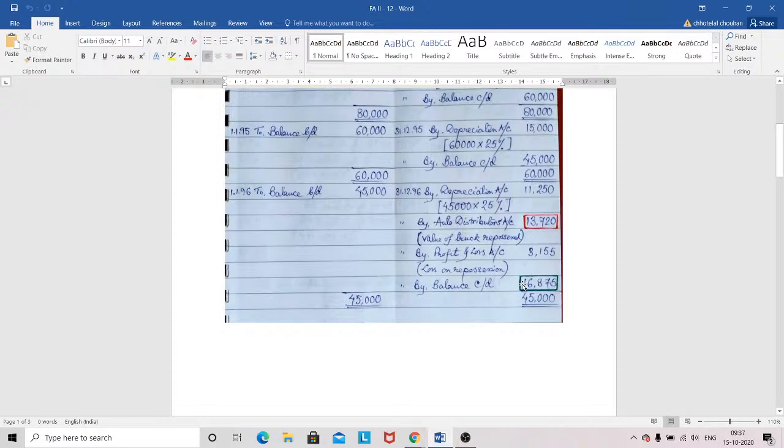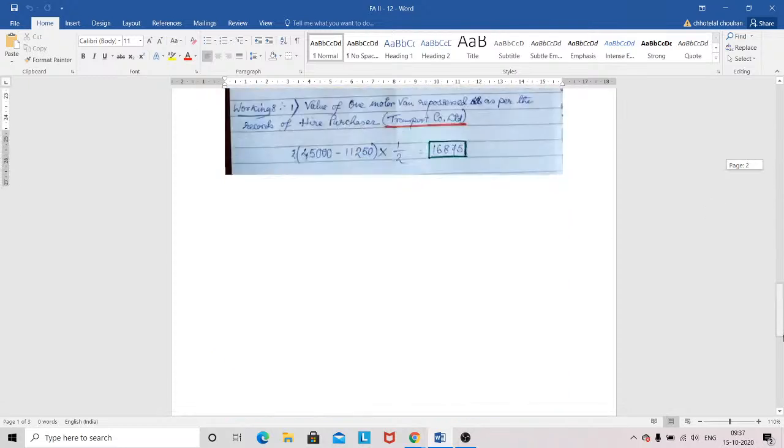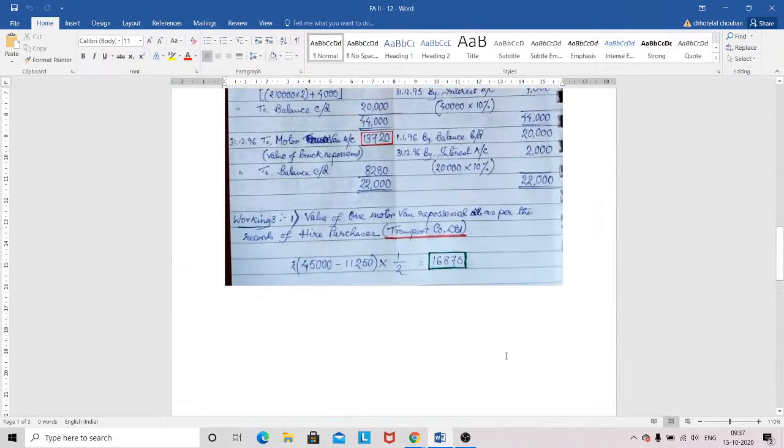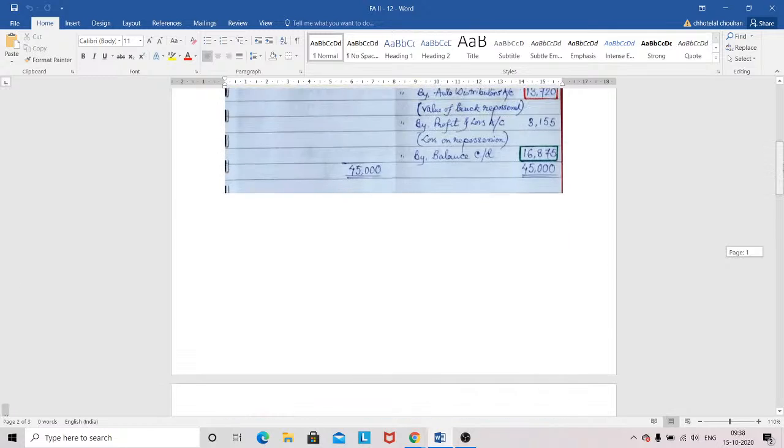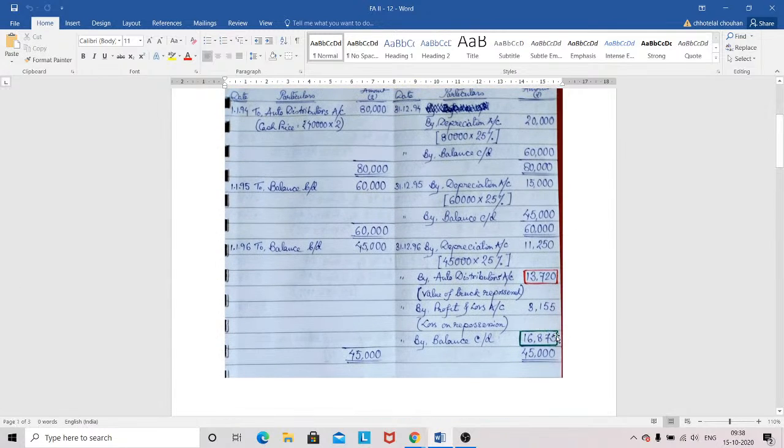16,875 is actually the value of one motor van, or rather the written down value of one motor van. Okay, look at that, this is to be matched with this one. The transport company has one motor van repossessed as per the hire purchaser's books. So as per the hire purchaser's books the value of one motor van is 16,875. That actually has been matched with here, that is the closing balance of one motor van that has been left with the hire purchaser.